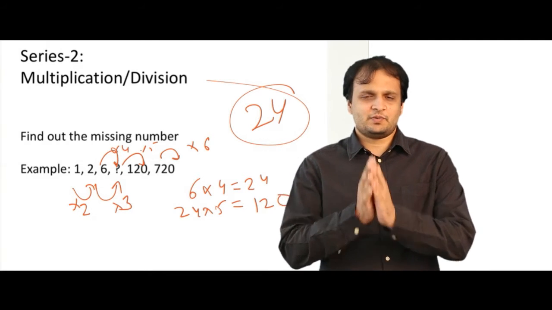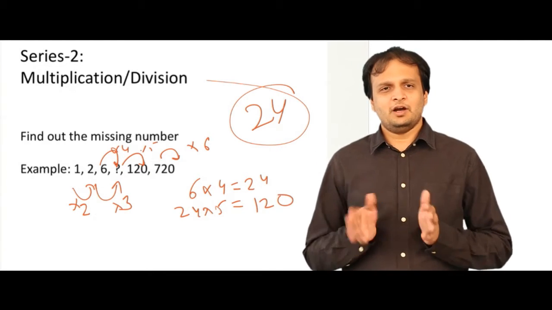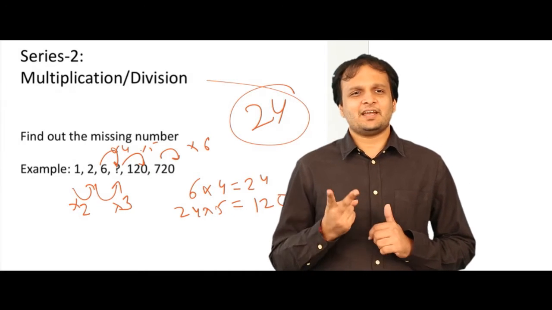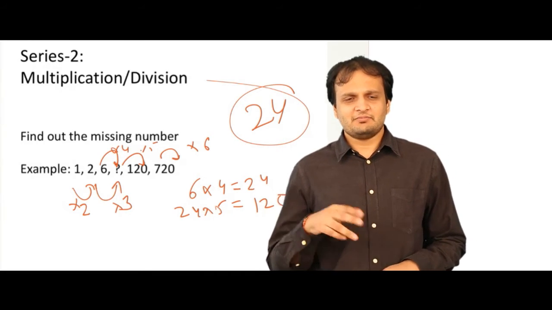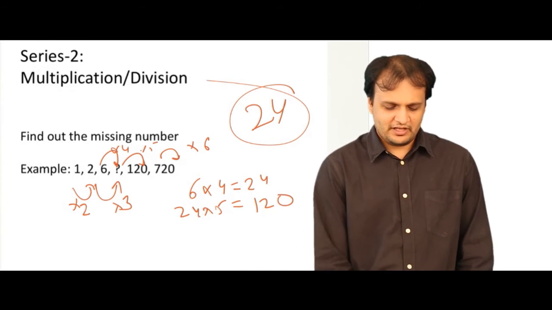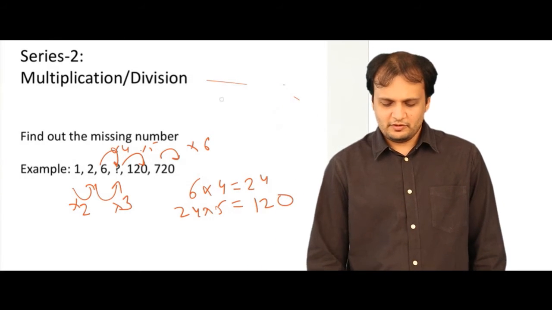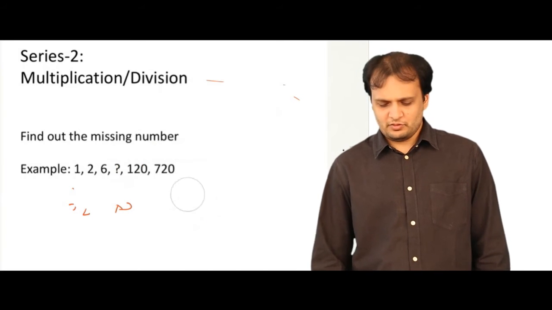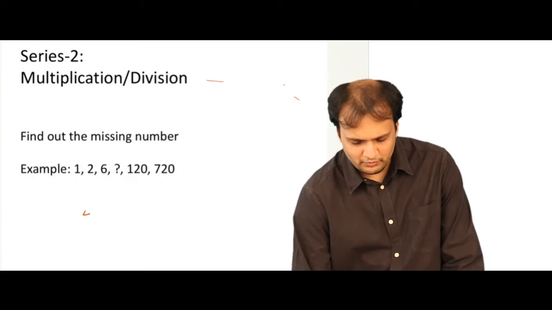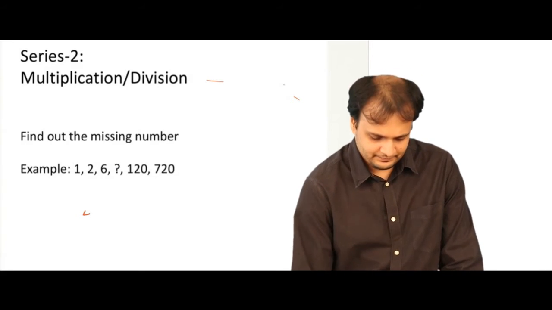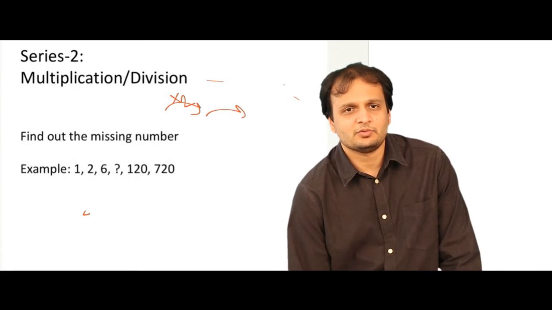Let's try now the next question. Now we have completed the second type of series, which is the multiplication and division series, right? What are the different types of questions that we covered? We covered 3-4 different varieties of questions. One was multiply by 2, multiply by 2, multiply by 2.